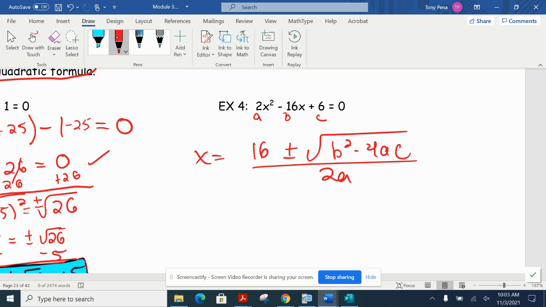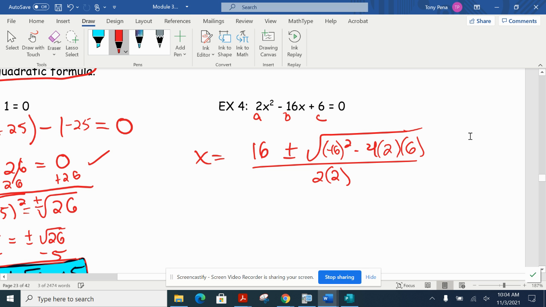Then the B gets squared right here. So I'm going to take this B and plug in the negative 16, and then that gets squared. Then I do 4 times A times C. A is a 2, C is a 6, so we'll do 4 times 2 times 6. And then in your denominator, that's 2 times A, which in this problem is 2 times 2.